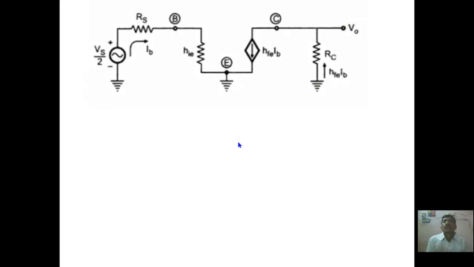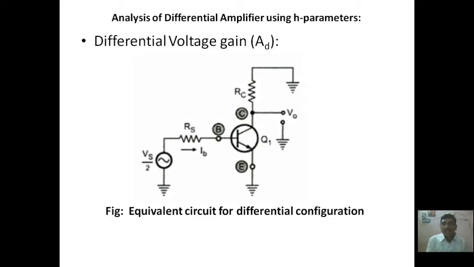Next, we are going to draw the H parameter equivalent circuit of this differential amplifier. In the H parameter analysis, this transistor is replaced with the H parameter equivalent circuit, which is a simplified hybrid model of the transistor.